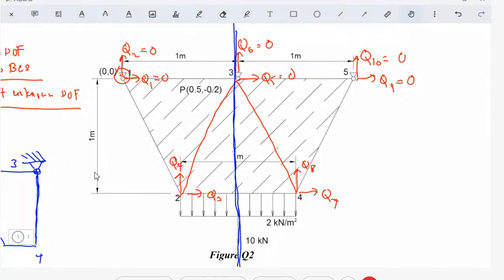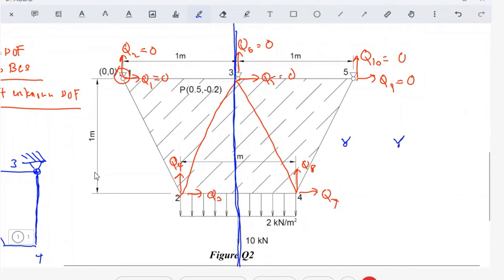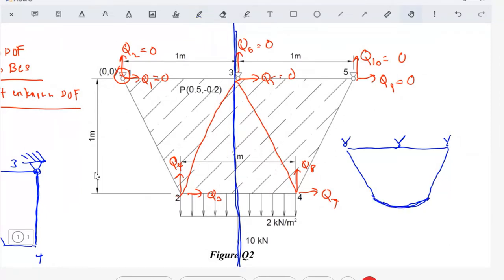But when we load it, it should look something like this, because the plate deforms because of the loading here and the loading here, the concentrated load.